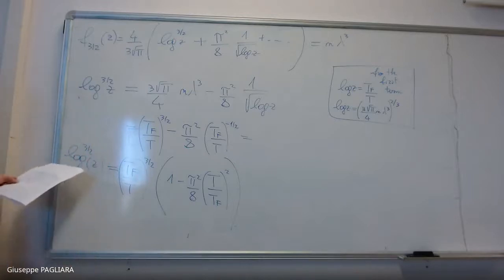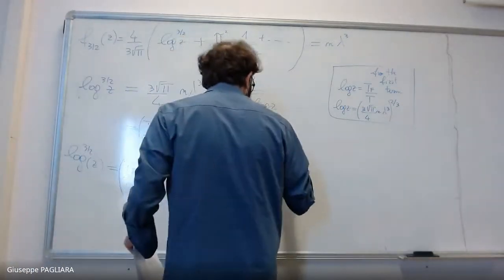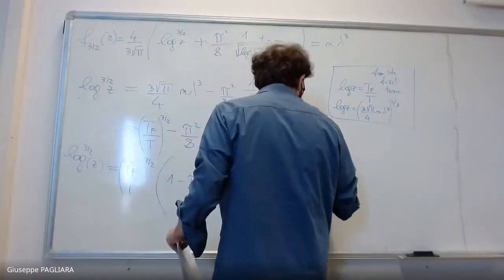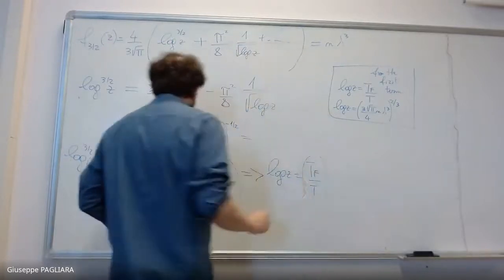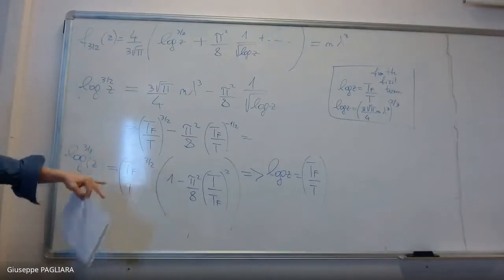Now from this I can get the log of z. Log of z is equal to Tf divided by T to the power 1, because I'm taking the 2/3 root.